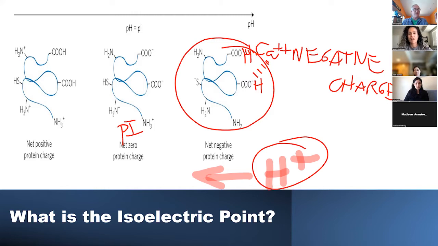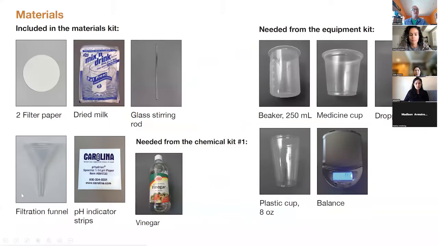So how are we going to figure out what the PI is? Well, first of all, we're going to make some milk. So we have some dried milk. We're going to use this dried milk, and I think we're going to make 100 mils of it.